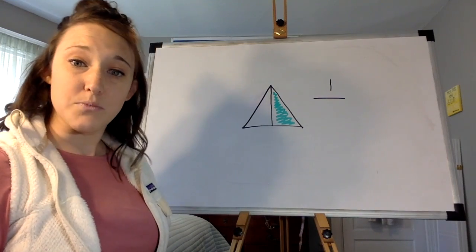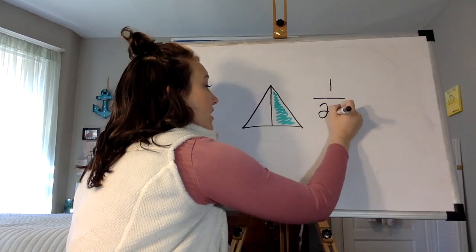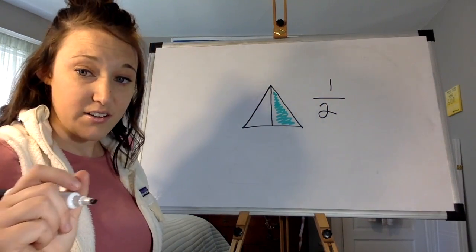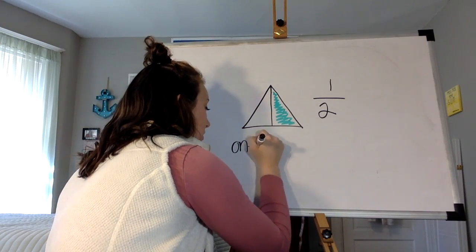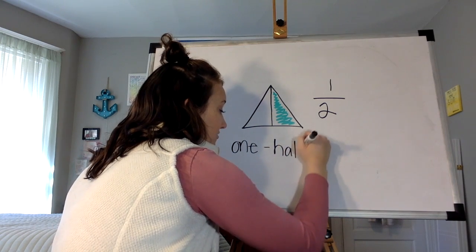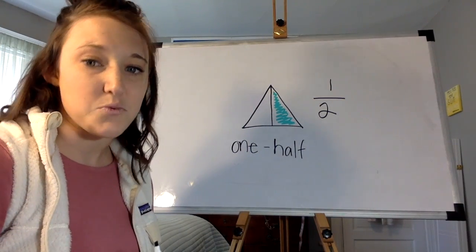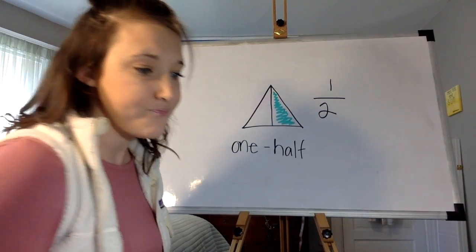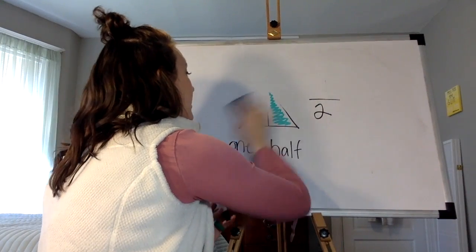How many equal groups altogether? We've got 2. So we're going to write our 2 right there. And the name that you're going to give it for this particular fraction is 1 hyphen half. Okay, we don't need the plural because we're only talking about half of the 1, so we don't need our plural.